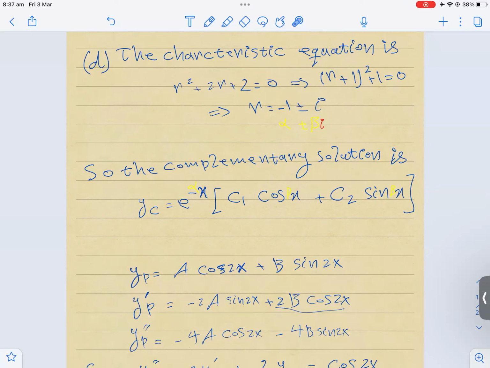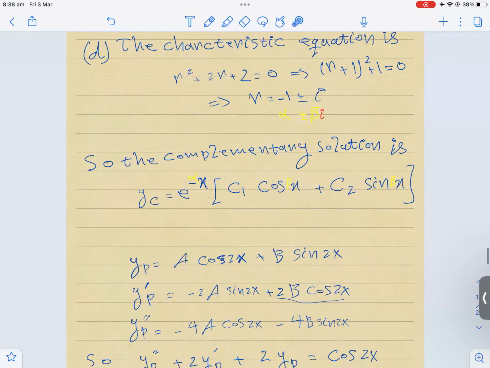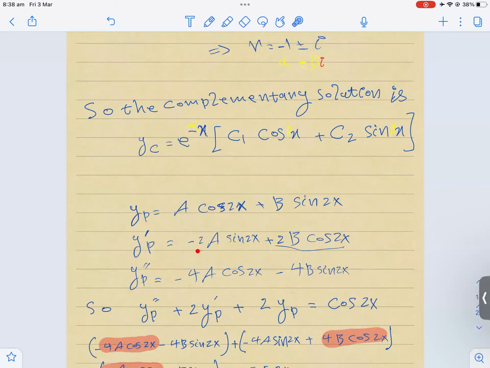For the particular solution, the right hand side was cos 2x. Therefore, the particular solution will look like the right hand side of the ODE, cos 2x. So I will take yp equal to a cos 2x plus b sine 2x. Then yp prime equals minus 2a sine 2x plus 2b cos 2x.